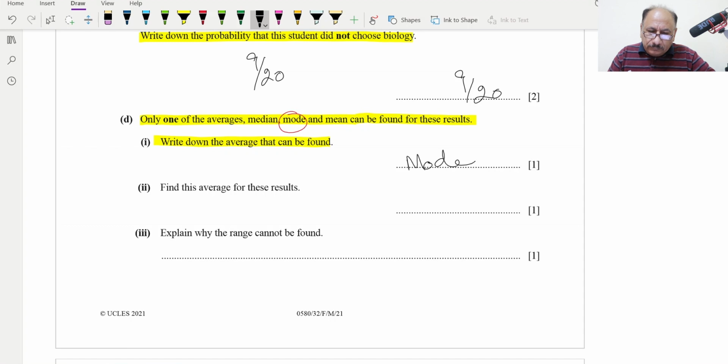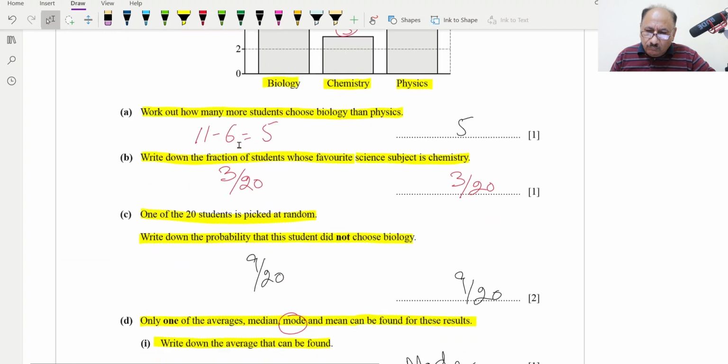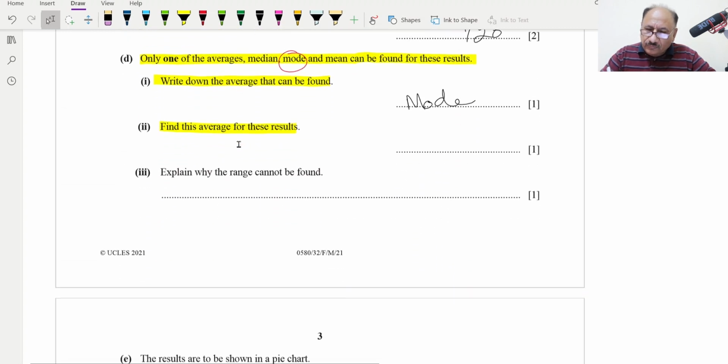Then they are saying find this average for these results, and the maximum is bio, so bio is most favorite, so we can write here biology.